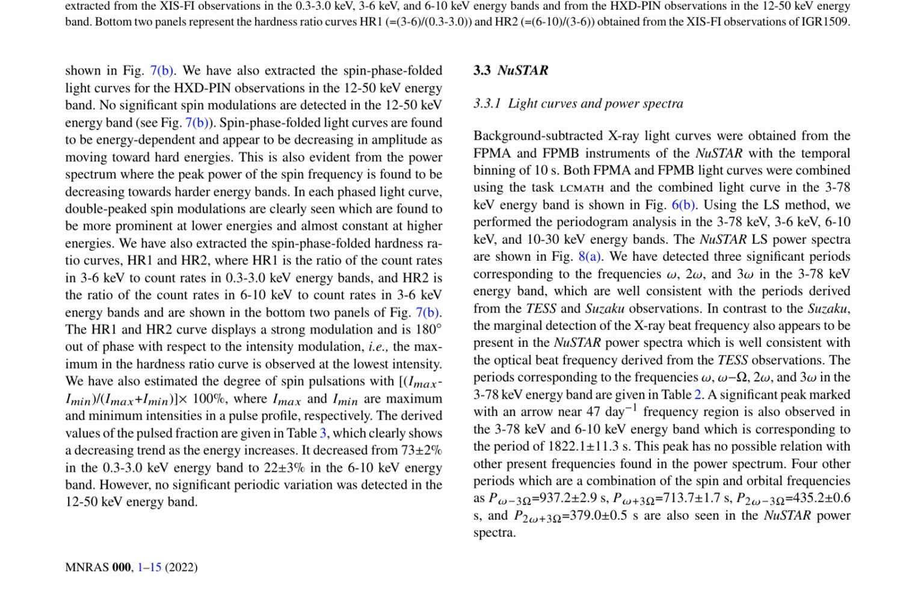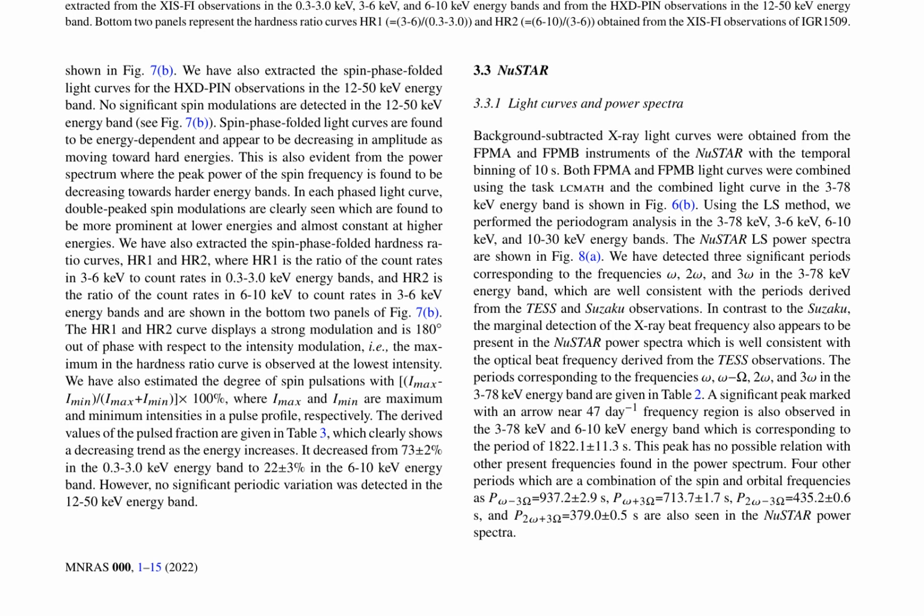A significant peak is observed near the 47-1 frequency region, corresponding to a period of 1822.1 plus or minus 11.3 s, with no possible relation to other present frequencies found in the power spectrum. Four other periods, which are a combination of the spin and orbital frequencies, are also seen in the NuSTAR power spectra.